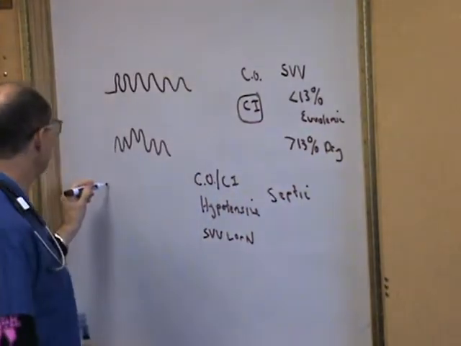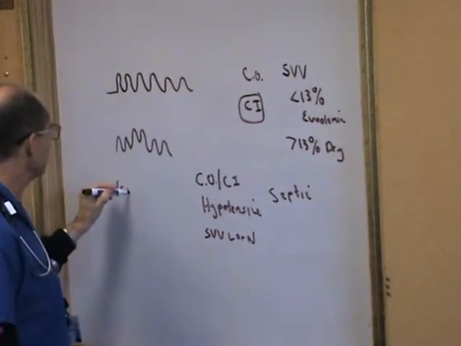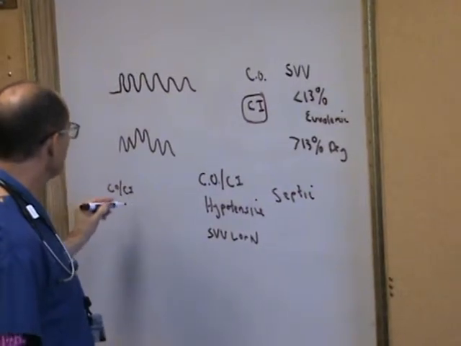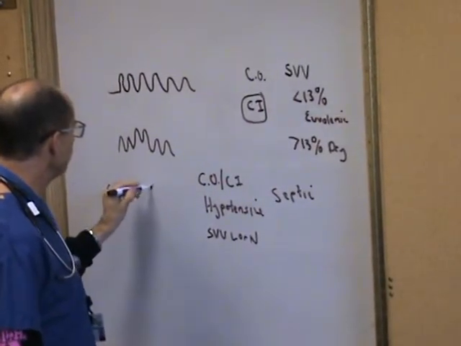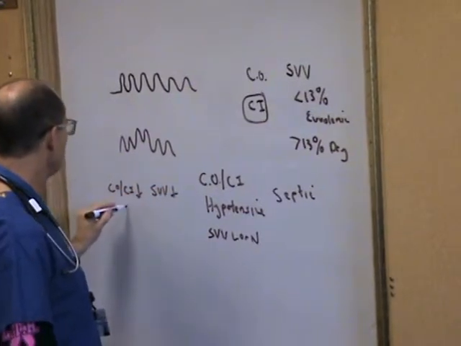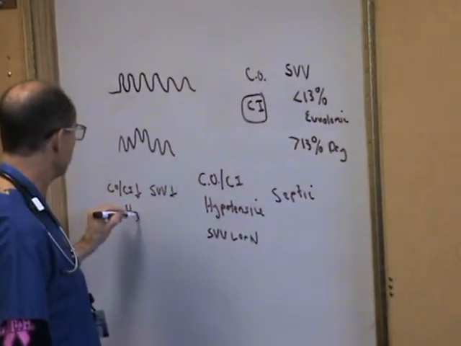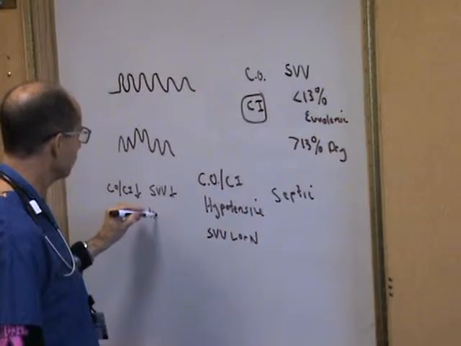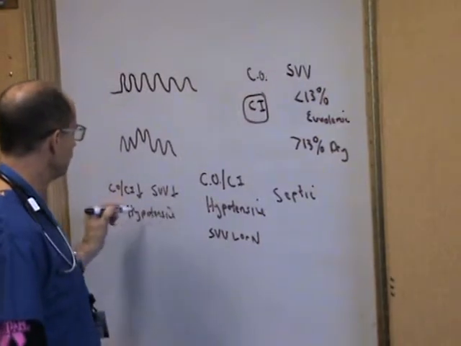If your cardiac output and cardiac index are low, their SVV is low, and they're hypotensive, you've got cardiogenic shock.